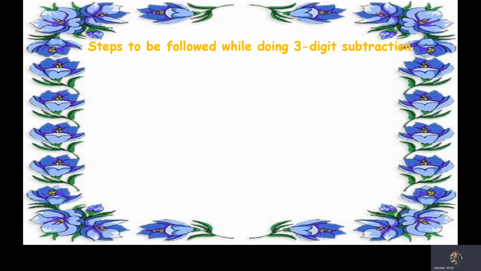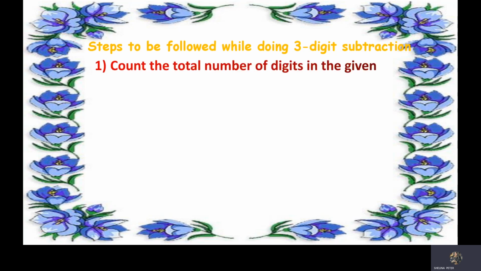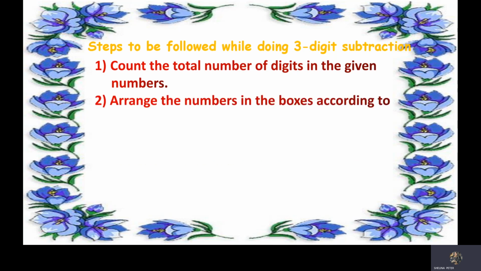Now here are the steps to be followed while doing three-digit subtraction. First step is always count the total number of digits in the given numbers. Second step, arrange the numbers in the boxes according to their place value. So here a three-digit number is there, so place value will start from ones, tens till hundreds.